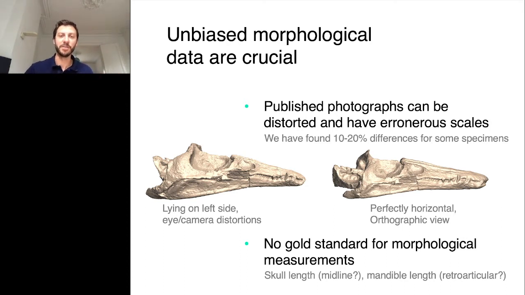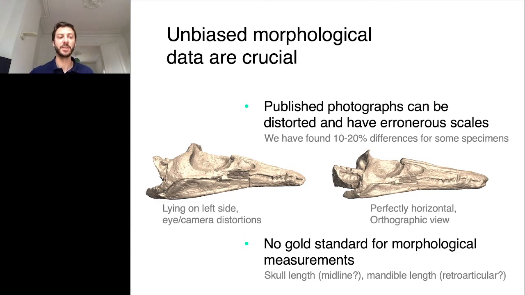So just to show you this effect, I've been using a scan we have of a polycotylid from the US, which is called Plesiosaurian. On the left here, I've been using a human or camera-like distortion you might have, and I've also been lying the specimen on its flat left side. On the right, you have exactly the same scan, the same specimen, with a perfectly orthographic view and a perfectly horizontal axis, and you can see major differences in the shape.